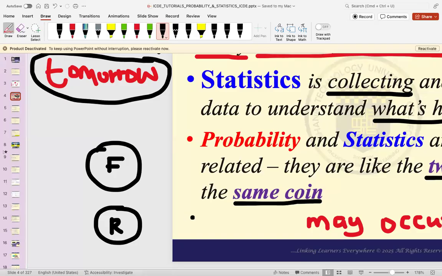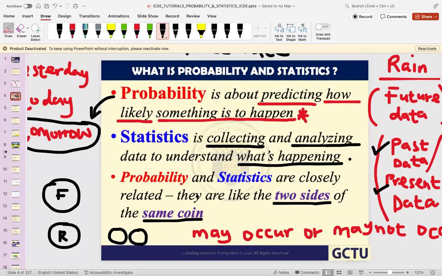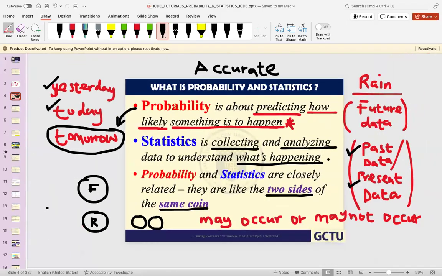So if I have a coin this way, and then the other side also looks the same as this, when you join the two, then the image of the coin changes to look something like this.